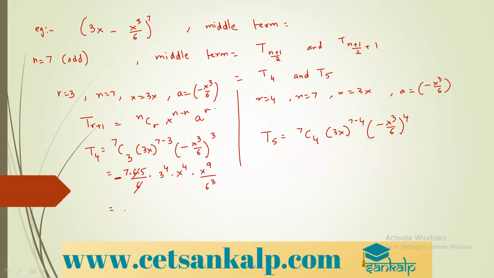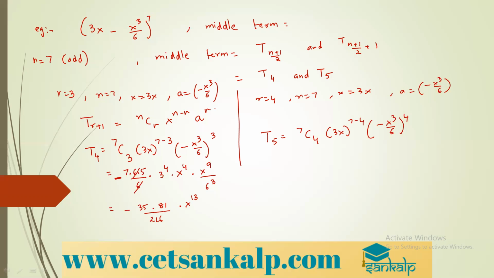When I multiply all the numbers, I have 35, then 3⁴ is 81, over 6³. What is 6³? 216, into x¹³ I will have.